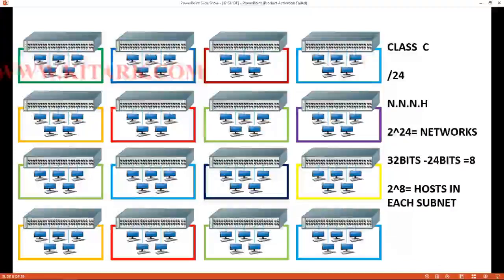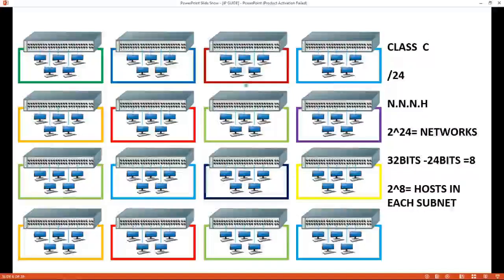For example, if you consider the networks as switches, you can imagine around 2 to the power 24 switches connected, and each switch can have around 2 to the power 8 hosts, which means 256 PCs on each network.